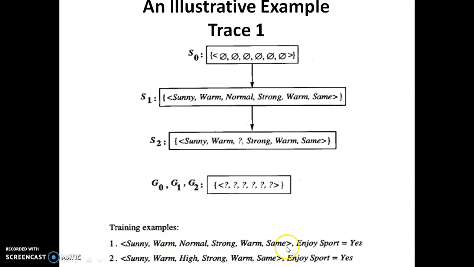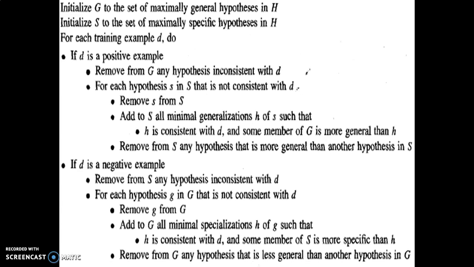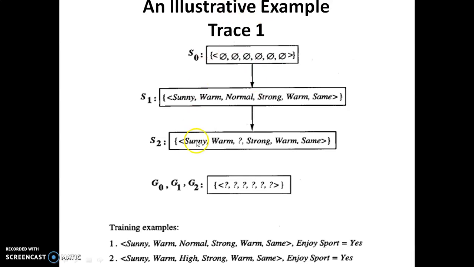If the example is a positive one, according to the algorithm, if D is a positive example, remove from G any hypothesis inconsistent with D. From G we have to remove any hypothesis which is inconsistent with D. Let us consider the first example here. If you compare this example with the general hypothesis, that is all question marks, any value is acceptable.